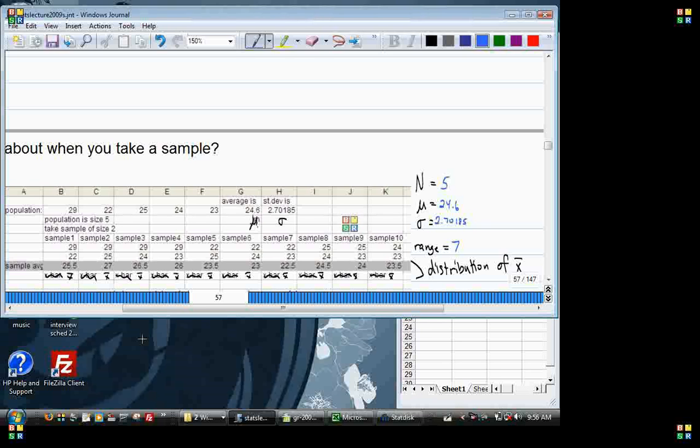25.5, 27, 26.5, 26, 23.5, 23, 22.5, 24.5, 24, 23.5. You work out the average, and what do you get? 24.6.